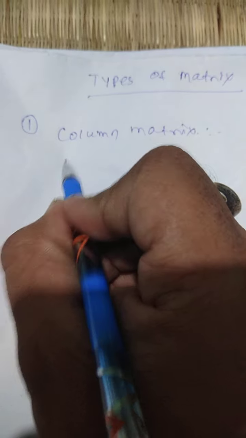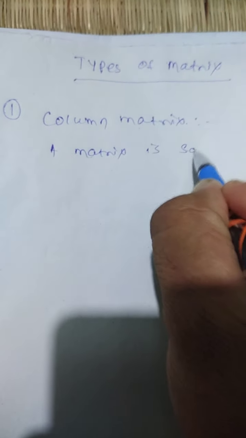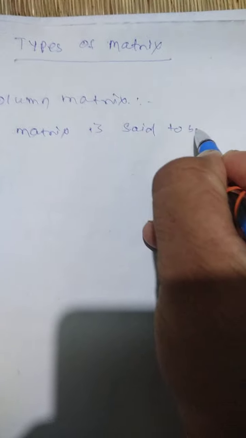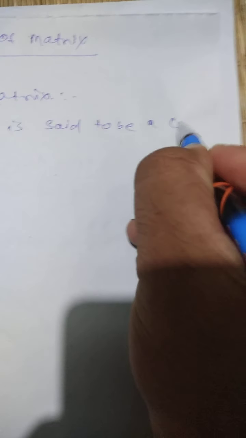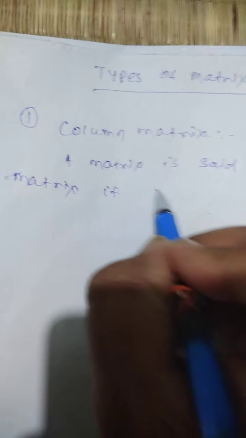What is a column matrix? A matrix is said to be a column matrix if it has only one column.